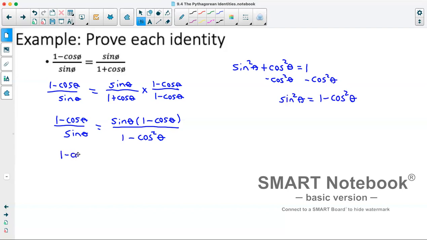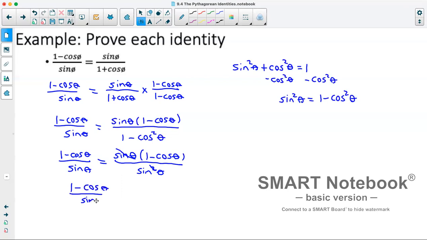So I've got 1 minus cos theta over sine theta equals sine theta times 1 minus cos theta over sine squared theta. So this sine will cancel with one of these, which leaves us with 1 minus cos theta over sine theta equals 1 minus cos theta over sine theta. Because both sides are identical, we have proven this identity.